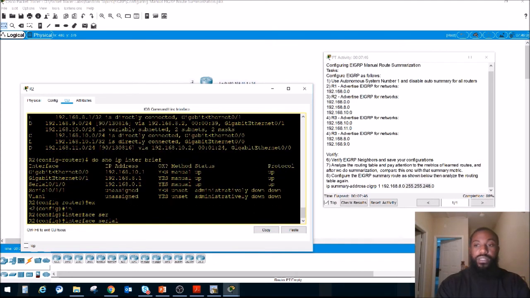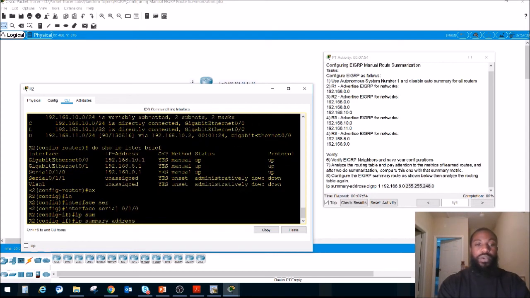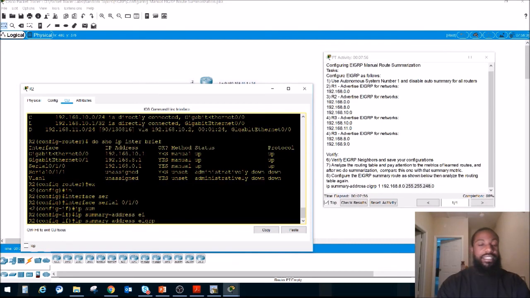Interface serial 0.1.0, and then ip summary-address. This is not really one that makes sense, but that's how you basically do it. You're taking the summarized address and redistributing it through EIGRP. And that's how they learn about it.